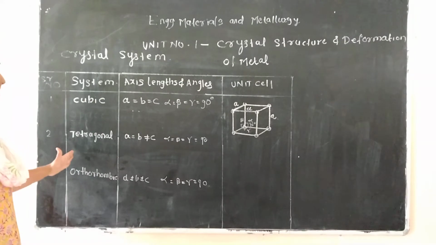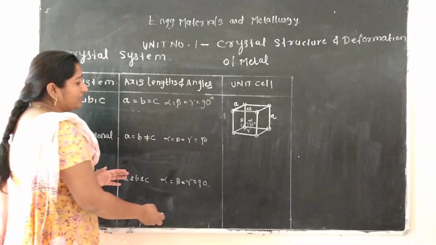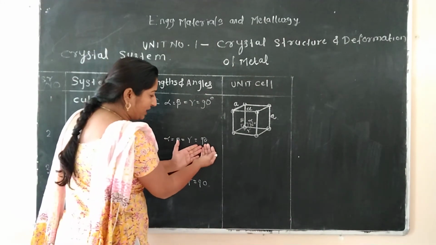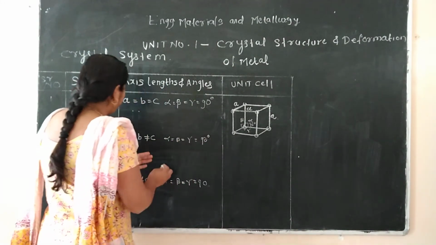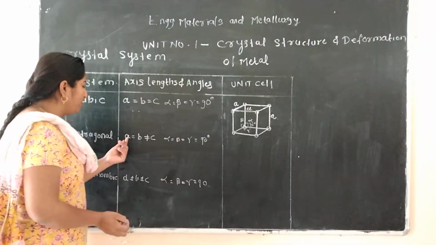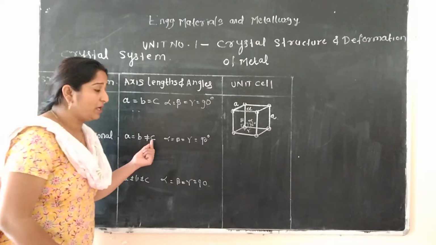Now second is the tetragonal system, in which one similarity is there: alpha, beta, gamma remain the same, that is 90 degrees, but the parameters a, b, c are not the same. Means a is equal to b but not equal to c.